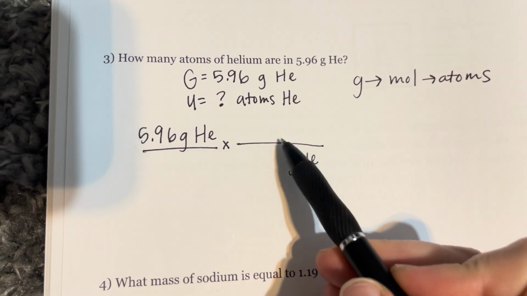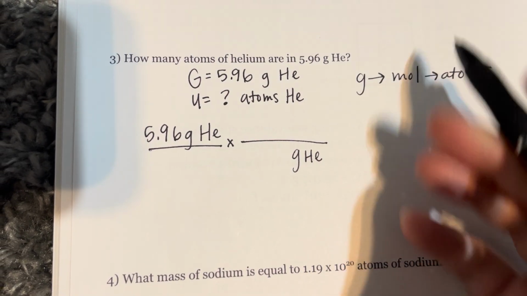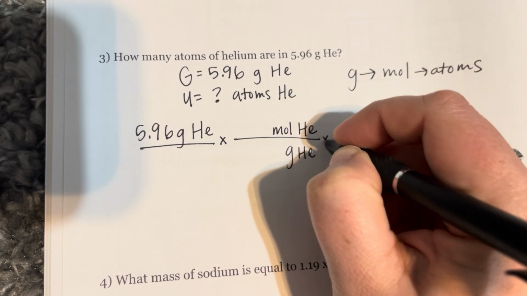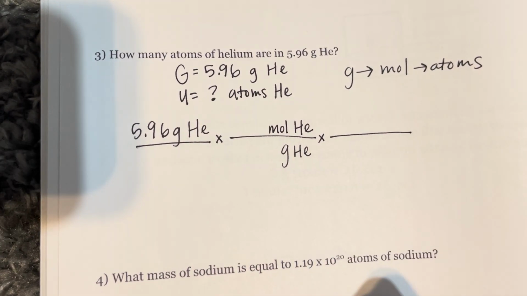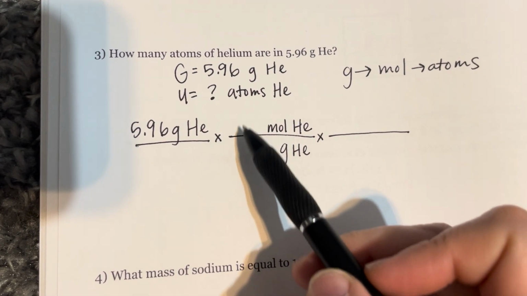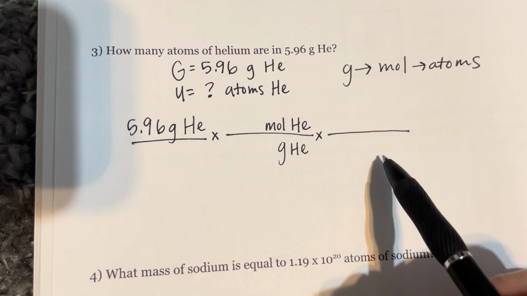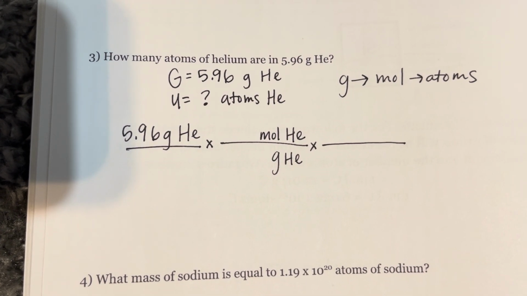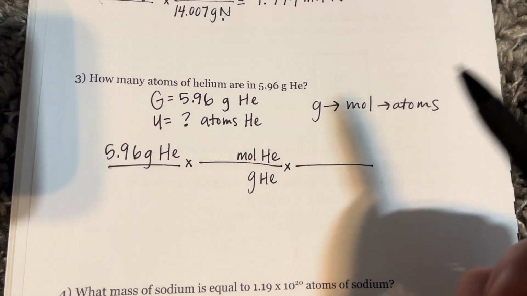So I shouldn't just be writing atoms here. I have to go from grams to moles, which means I'm not done, so I'm going to have to do another fraction. You can put these numbers in first, or you can fill out these units and chemicals. It does not matter what order you do this in. Whatever is easiest for you is what you should do.